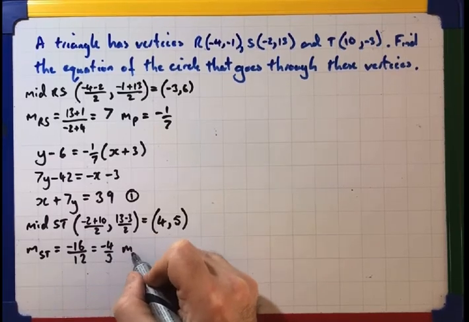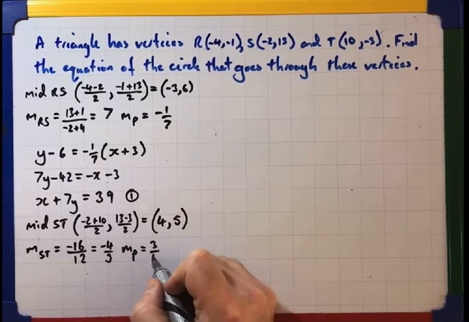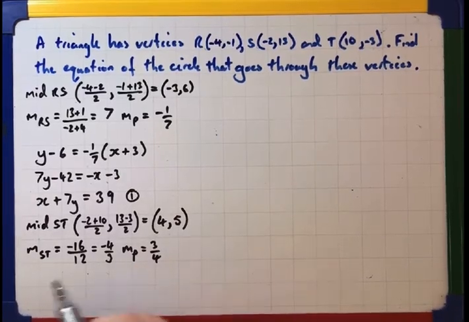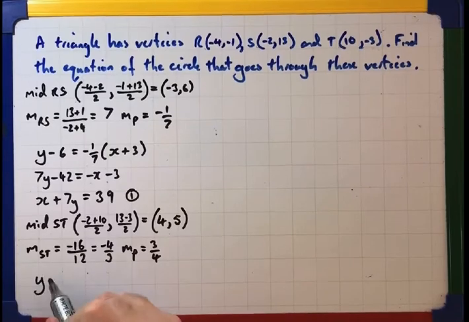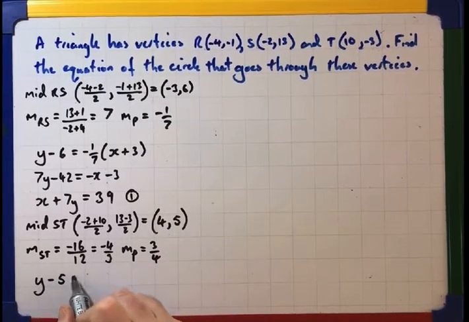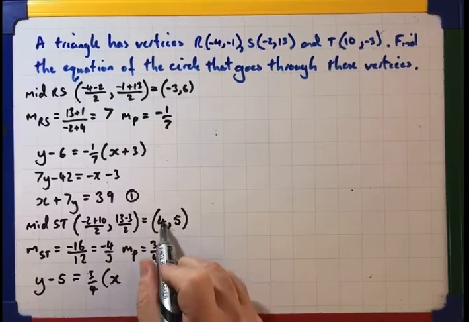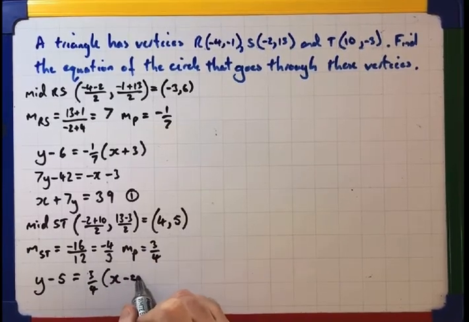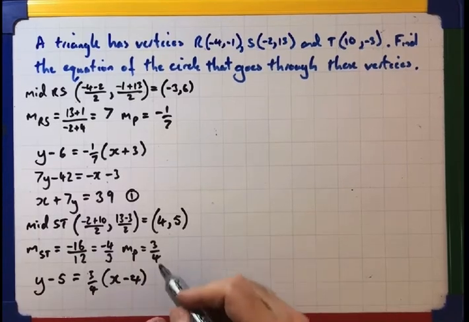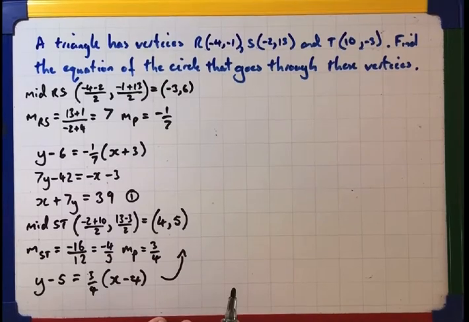So the perpendicular, yeah, just turn it upside down and change the sign, so it's 3/4. So we have y minus 5 equals 3/4 x minus 4. Okay, I'm going to continue up here.